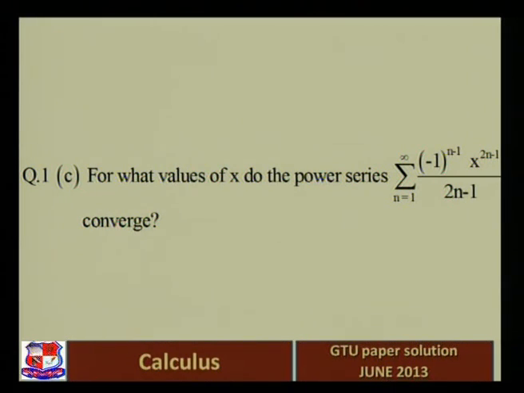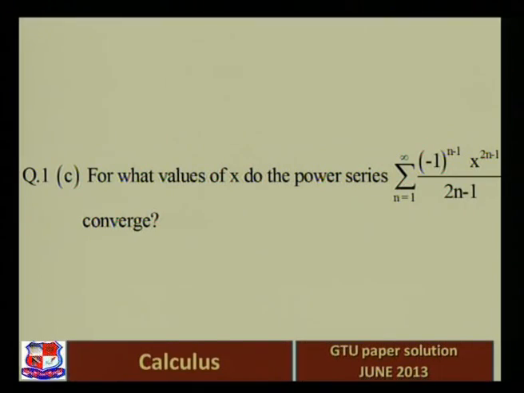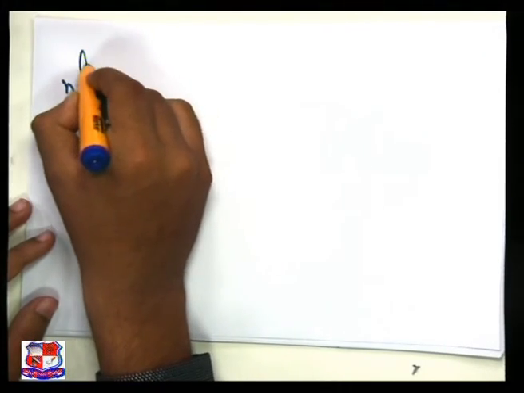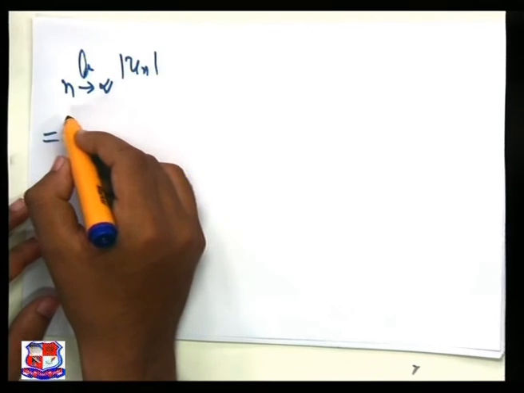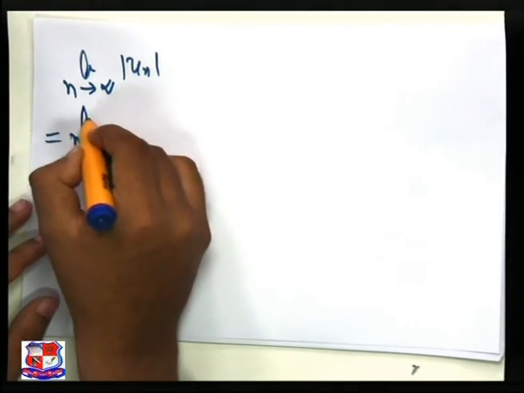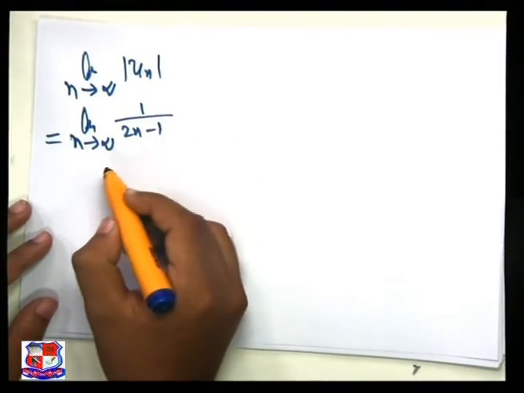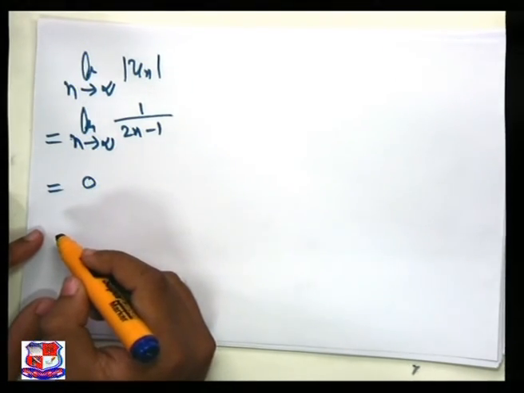And also 1 upon 2n minus 1, as n tends to infinite. If you want to check, as n tends to infinite, modulus of un, that is equal to, as n tends to infinite, 1 upon 2n minus 1, that is also equal to 0, right.